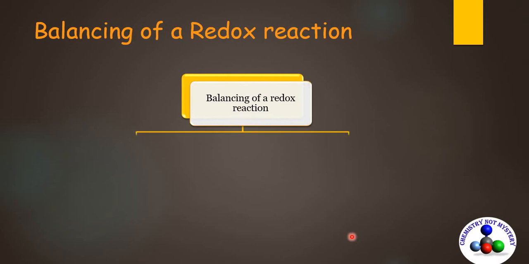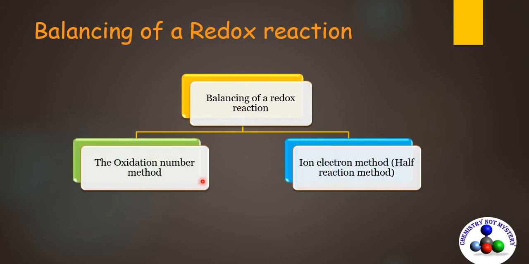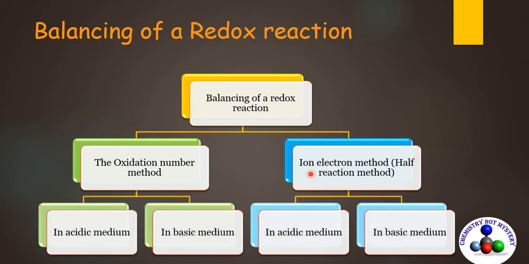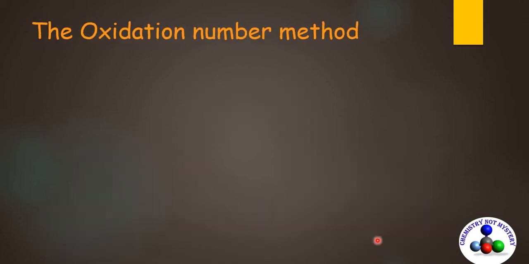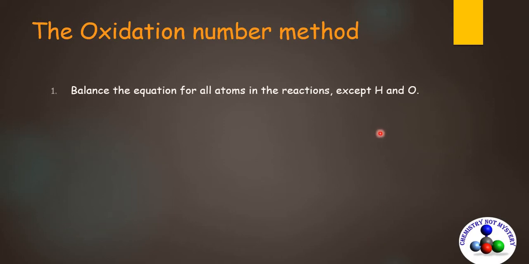One is the oxidation number method and the other is the ion electron method, also called the half reaction method. These methods can be used to balance a redox reaction in acidic or in basic medium. First, I am going to explain to you the oxidation number method. For that, you have to follow these rules in order to balance a redox reaction.